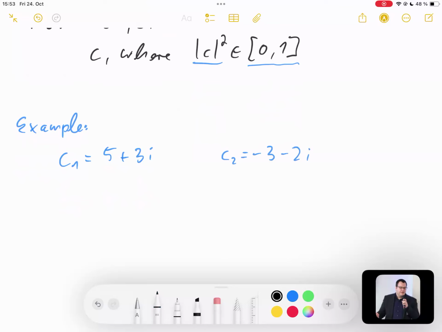you can also revise what we did last week. I want to know from you what's the modulus of C1. Please take a look and send your response to the chat when you know what the modulus of C1 is.